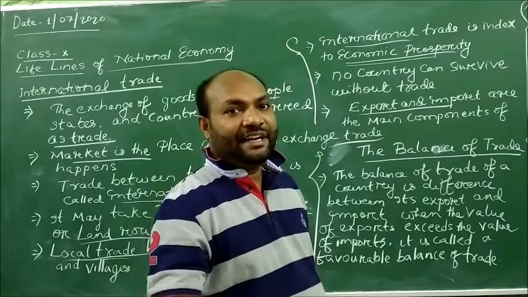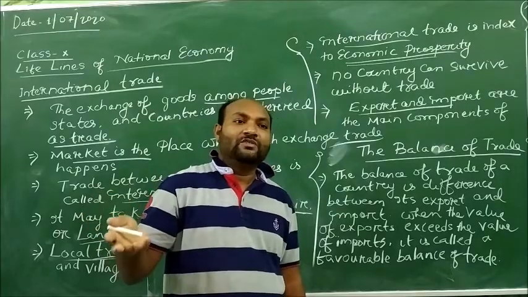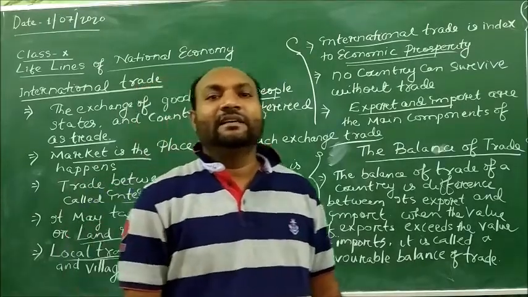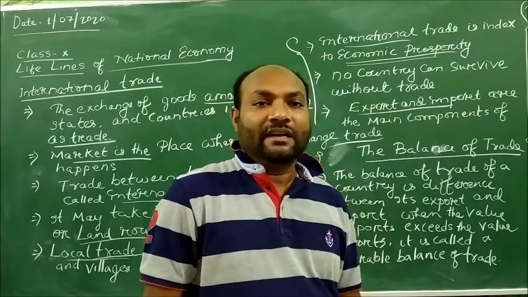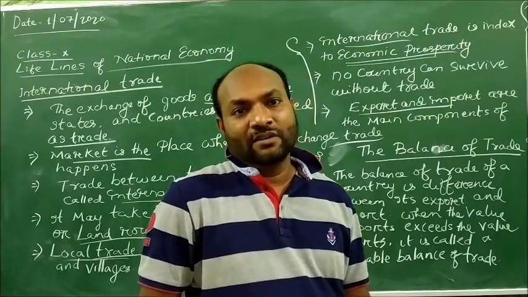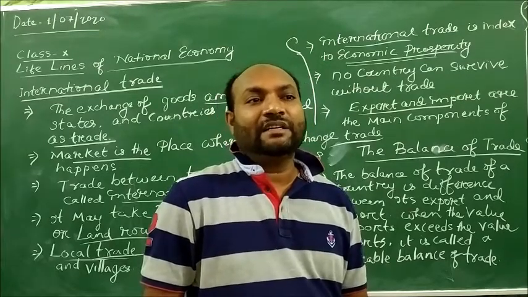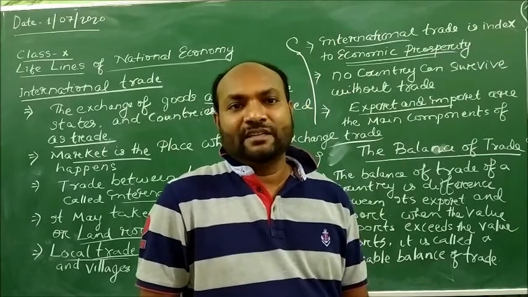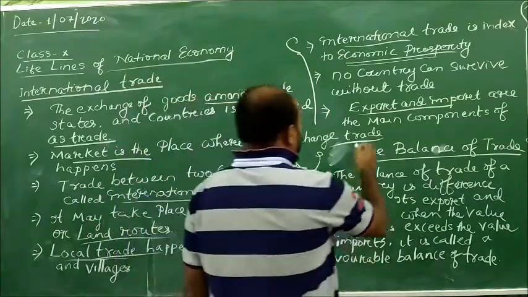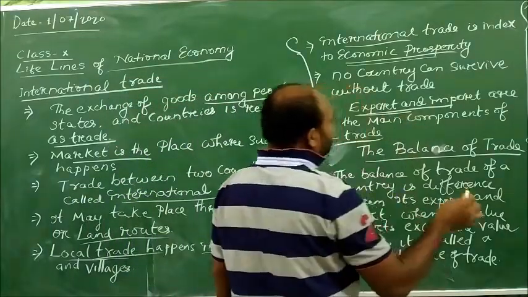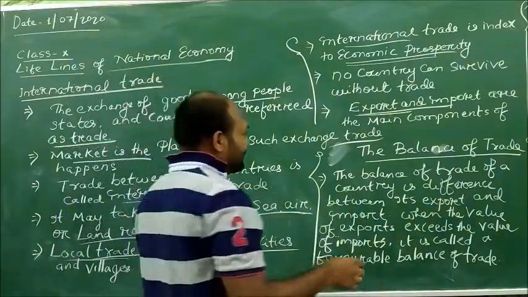If we are not having trade relations with other countries, we are breaking the rules as well as the criteria of the World Trade Organization. Because the World Trade Organization is the one that promotes international trade between two countries. That is why, according to the criteria of the WTO, we need to have export and import activities with another country.